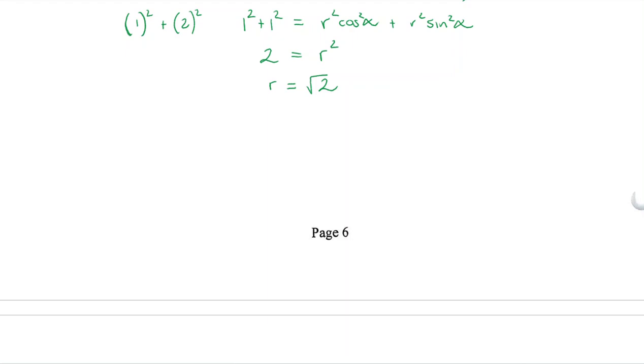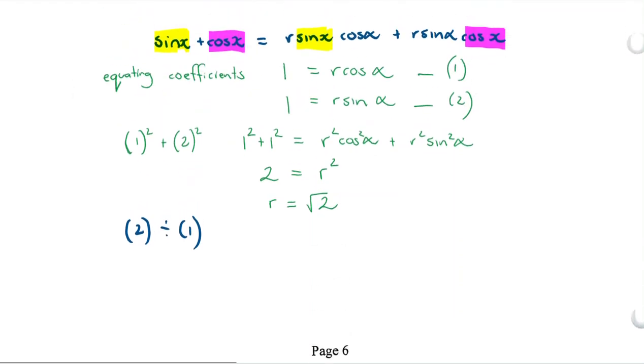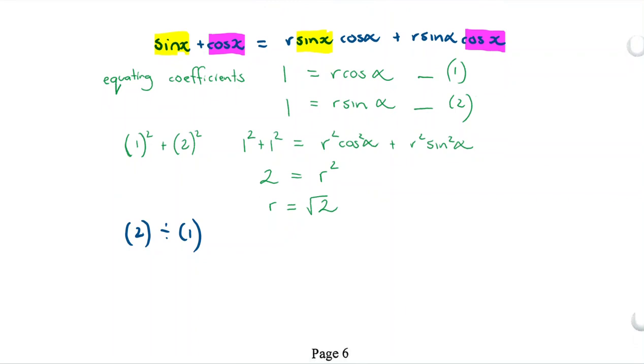To do that, I'm going to go back to my equation 1 and 2 again, and I'm going to divide equation 2 by equation 1, sorry, I said the wrong way around. That's because sine divided by cos is going to make tan, one of our lovely favourite things.